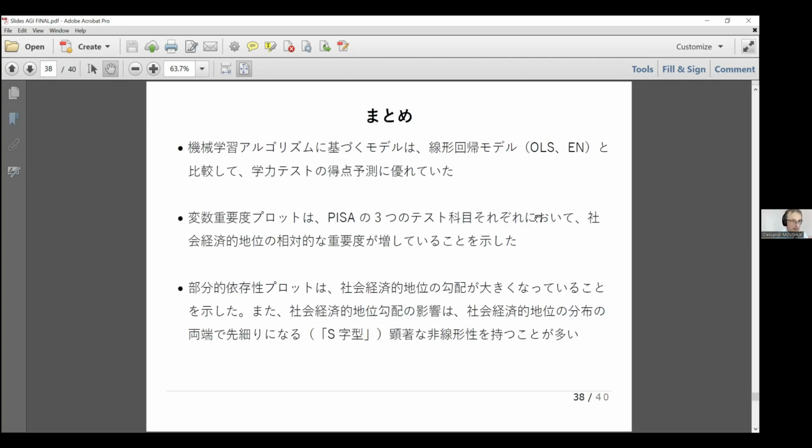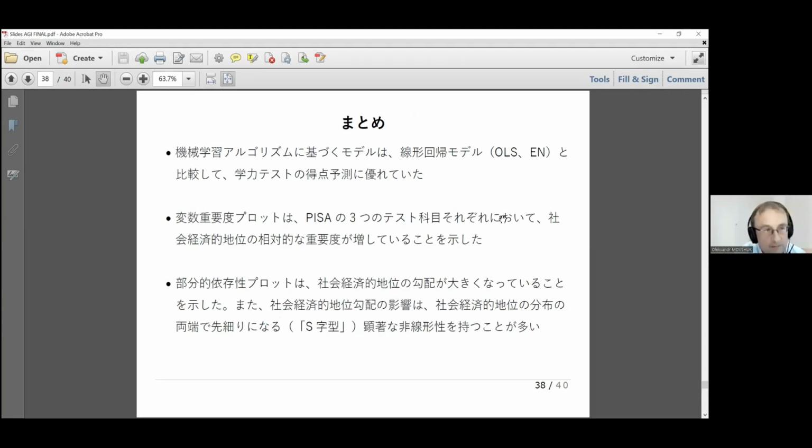First of all, after applying traditional regression models, OLS and elastic nets with linear effects, and also machine learning models, we found that the machine learning models have excellent, much superior predictive ability compared with traditional regression models.